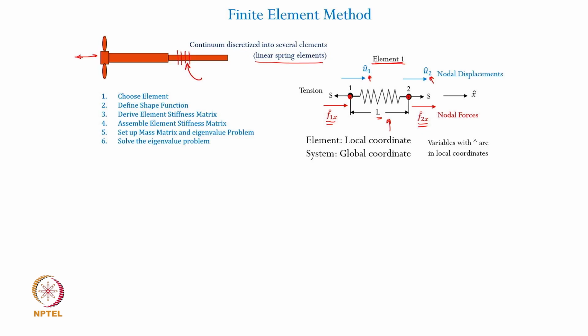The system will have its own global coordinates, and therefore, when we assemble these elements together, we will have to define the nodal forces F1x, F2x in the global coordinates.